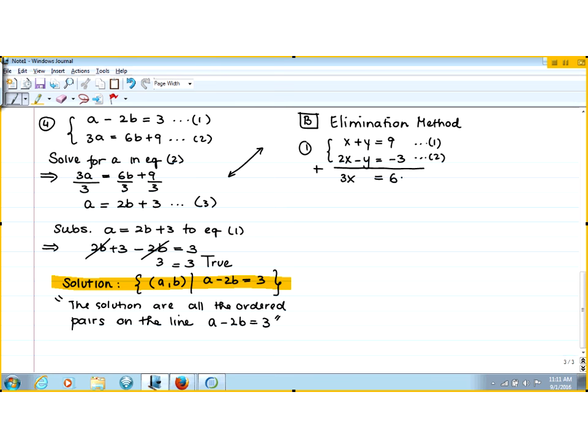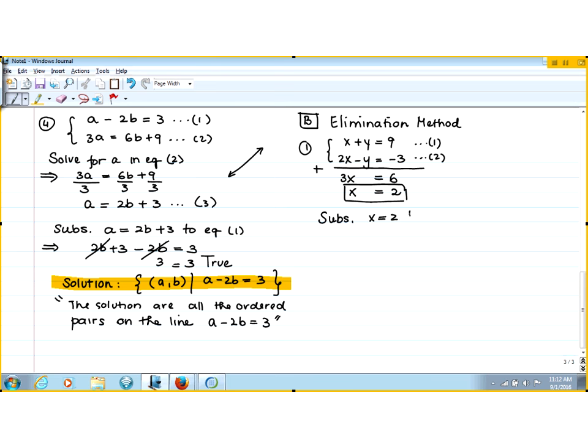So what is this? 3x is equal to 6. Okay, so x is equal to 2. Oh, life is easy. All right. Now, how do I solve for y?